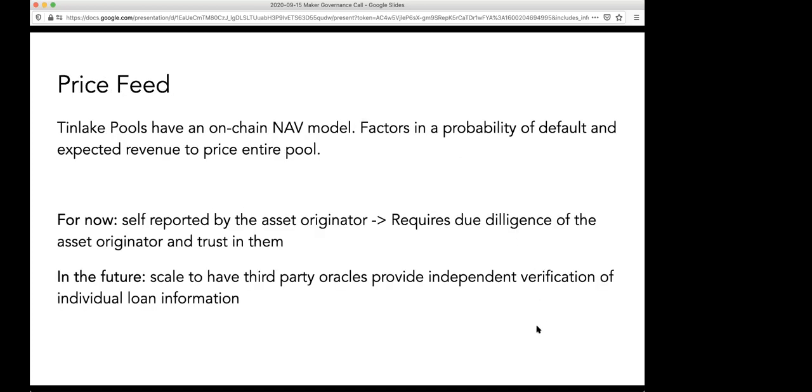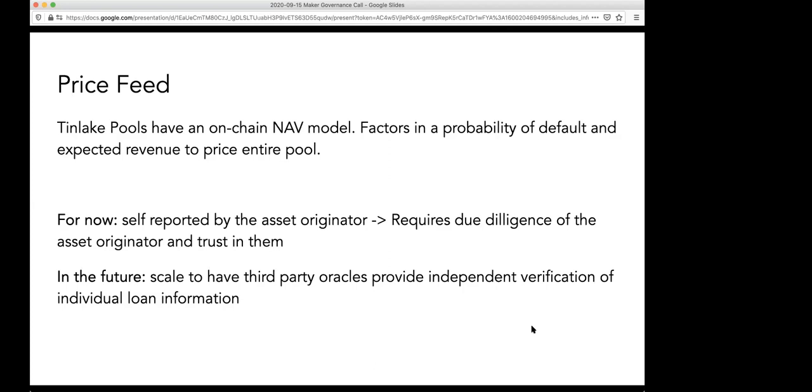Another difference is, of course, these assets are largely illiquid, but also very stable. So we won't be trying to feed in exchanges or real-time market data to find out the price of these assets, but that is rarely needed. Our Tinlake pools have a way to calculate a NAV model, the NAV on chain.